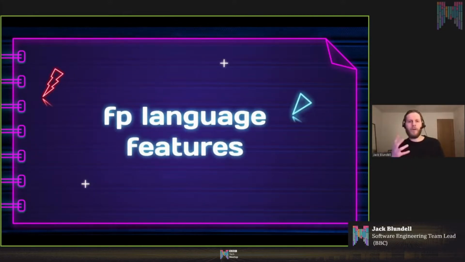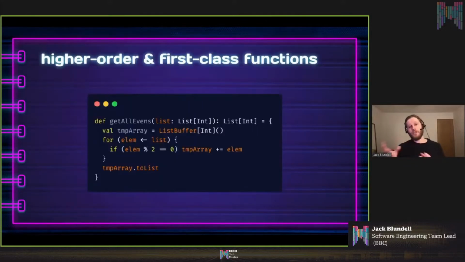So now a little bit about how the functional programming language helps us code in an FP style. Again, I'll be giving examples in Scala. These will be Scala features, but other languages will have a similar flavor of features. This is just to emphasize how useful higher order and first class functions are.